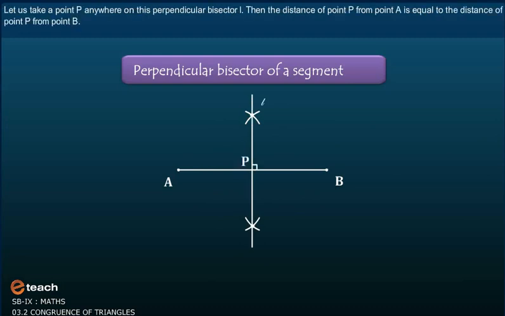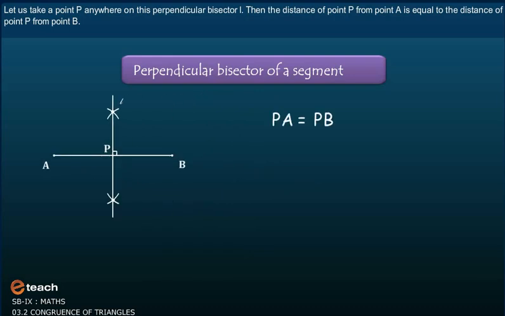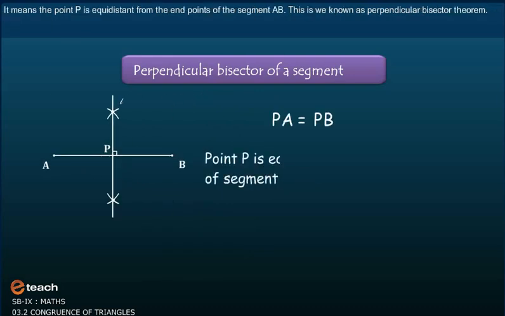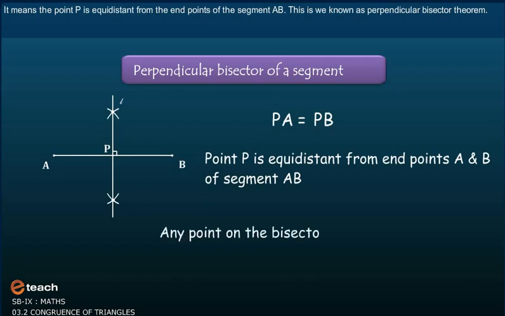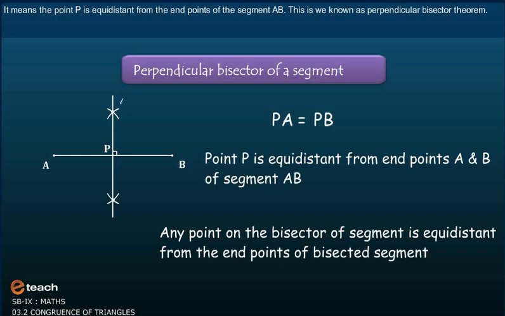Let us take a point P anywhere on this perpendicular bisector L. Then the distance of point P from point A is equal to the distance of point P from point B. It means the point P is equidistant from the endpoints of the segment AB. This is known as the perpendicular bisector theorem.